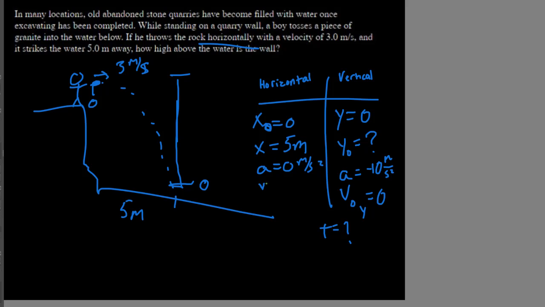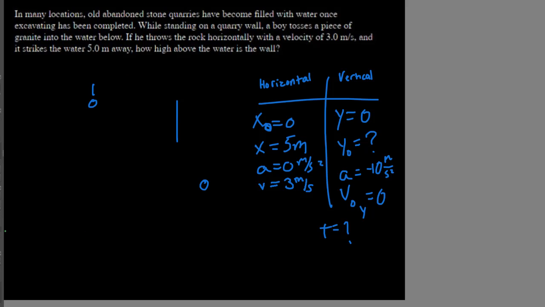We know that the velocity to start with was 3 meters per second. So if our position goes from 0 to 5 and it's going 3 meters per second, we can figure out how much time has passed. In fact, we have an equation for that. I'm going to turn off our picture here because we're going to do our work over here.